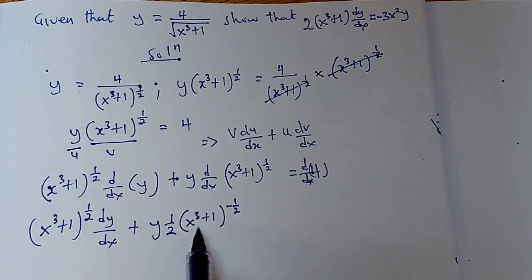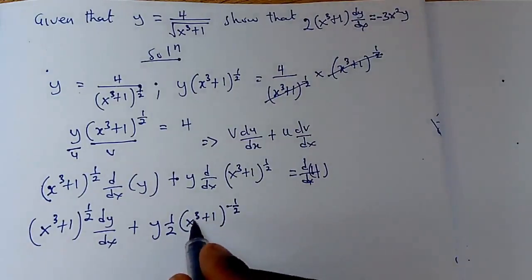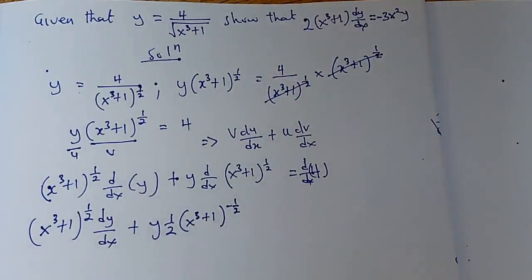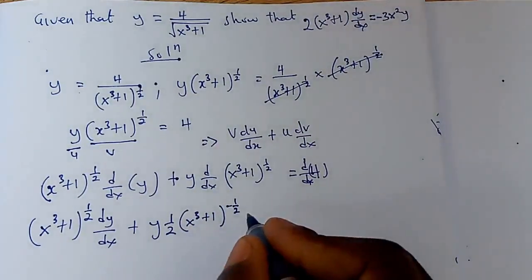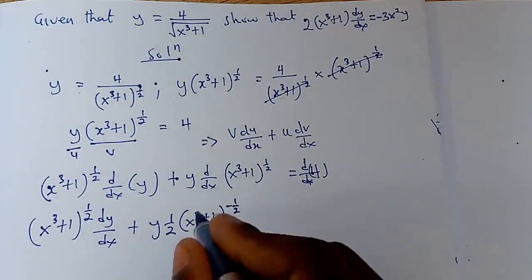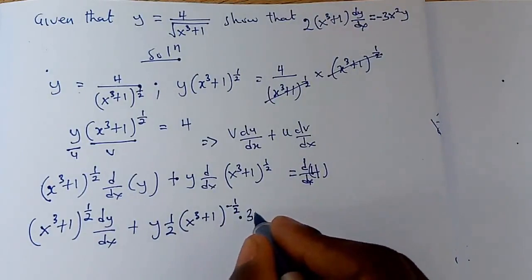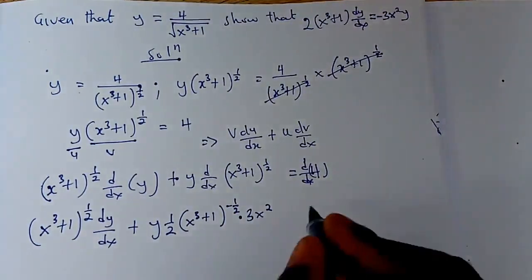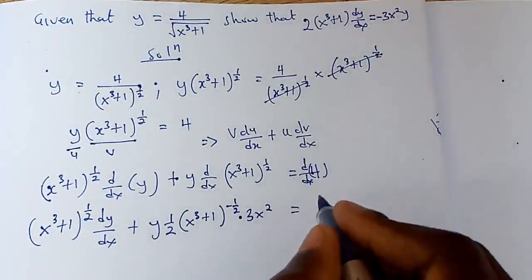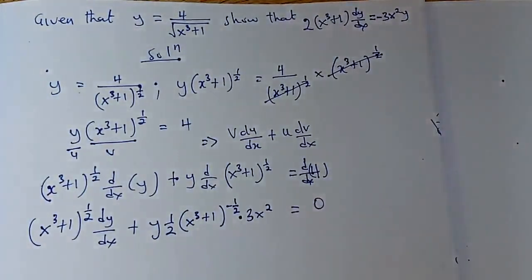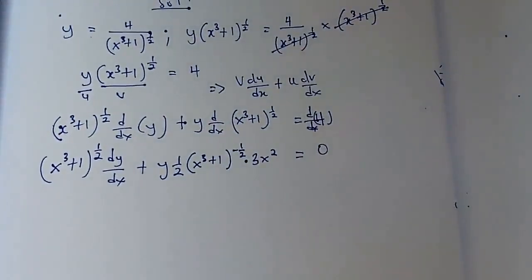And then we find the derivative of the terms in the bracket. The derivative here in the bracket, we get 3x squared, so multiplying by 3x squared, and the derivative of 4 is 0. So we are moving like that.